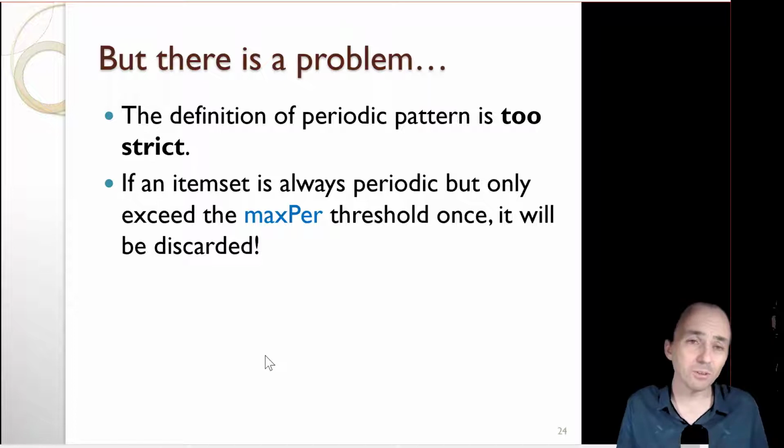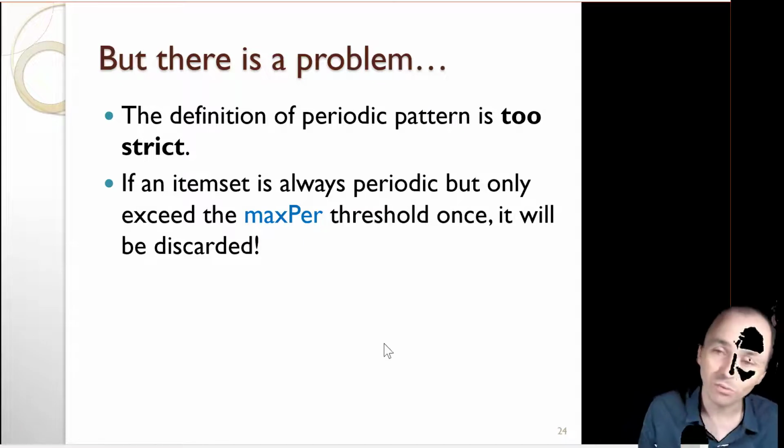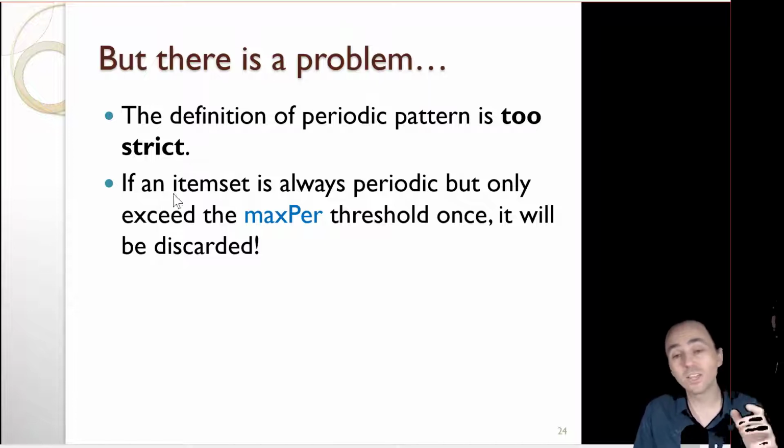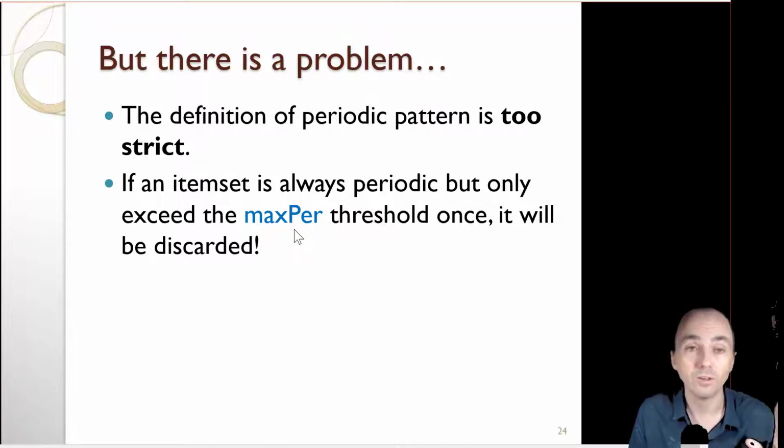Now let me explain to you more interesting things about this. We can make some observations. First, the definition I have shown to you in the traditional problem is really too strict. Let's say you set the maximum periodicity to 5.